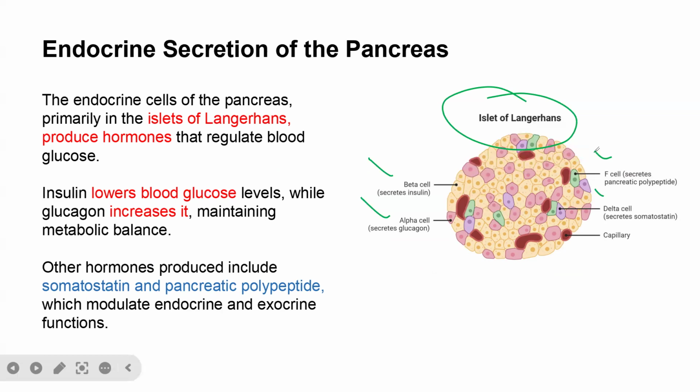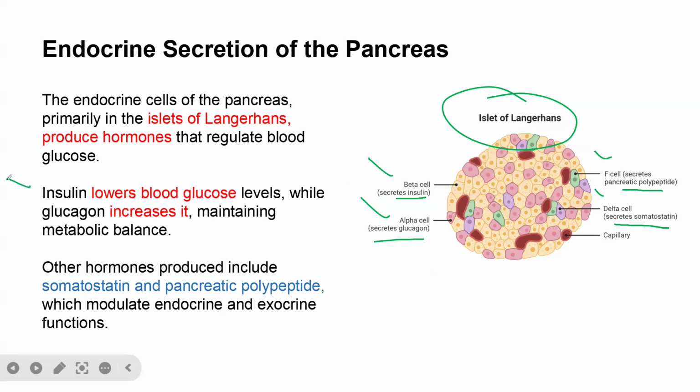And as we can see, beta cells are responsible for secreting insulin, while alpha cells are responsible for secreting glucagon, while F cells secrete hormones like pancreatic polypeptide, while delta cells secrete somatostatin. So then what happened?